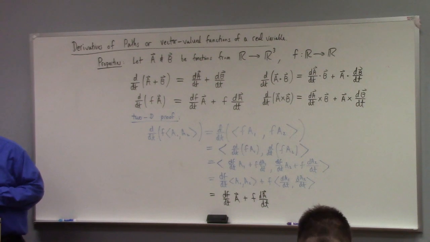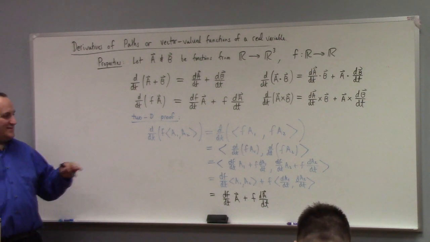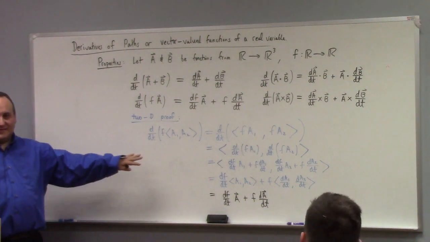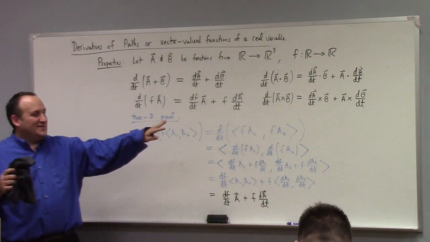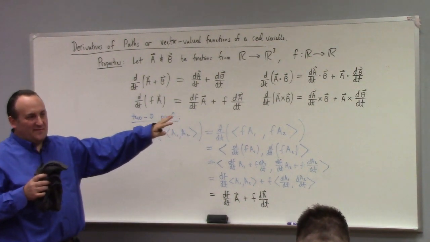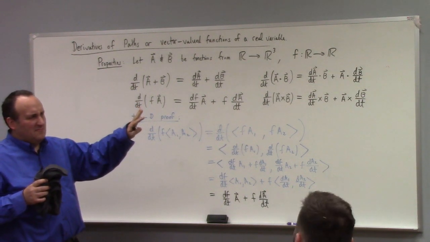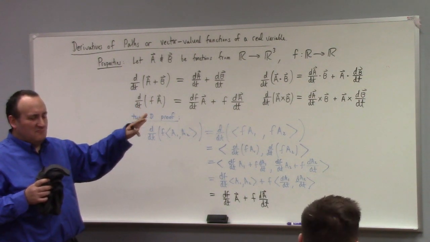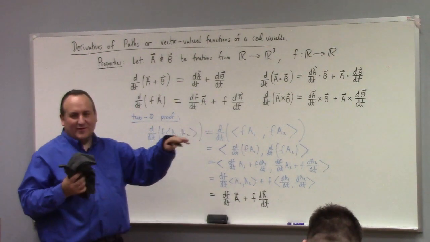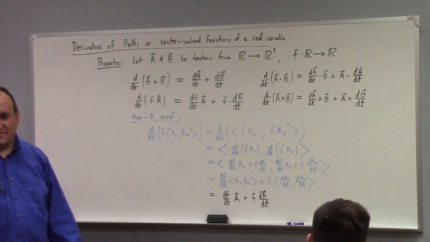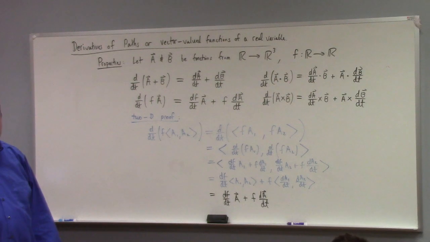Now, if I were to prove these in the notation I just used here, it would take the rest of class to prove the second one, because you'd have 6 product rules, 12 terms. We can do better. For the dot product one, if the dot product is just a number, why is it not 0?